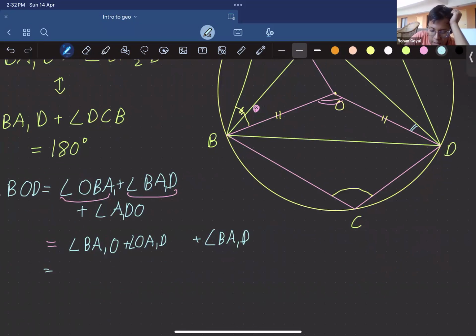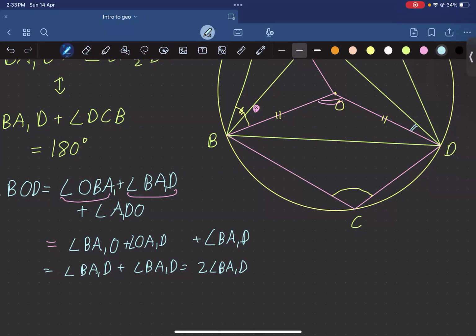So these two angles again are just angle BA1O plus angle OA1D, which is angle BA1D. Does that make sense? Yes.